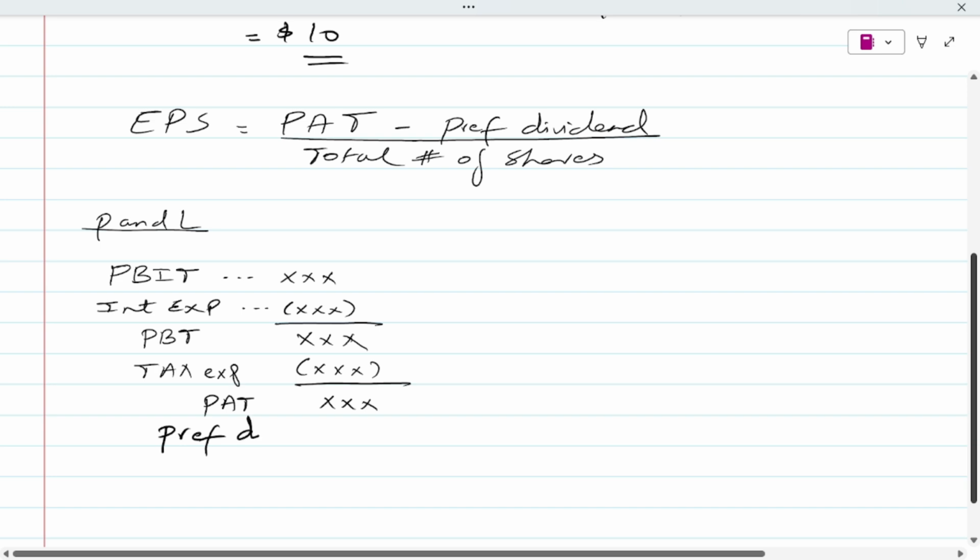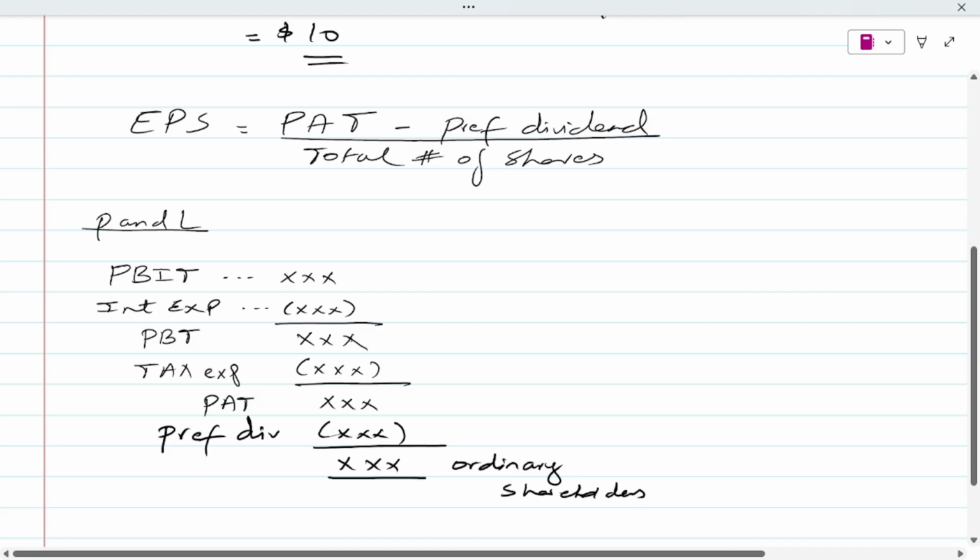Any dividend due to the preference shareholders would first be subtracted from this profit after tax, and then whatever profit is left would be given to the ordinary shareholders. This is what belongs to the ordinary shareholder.